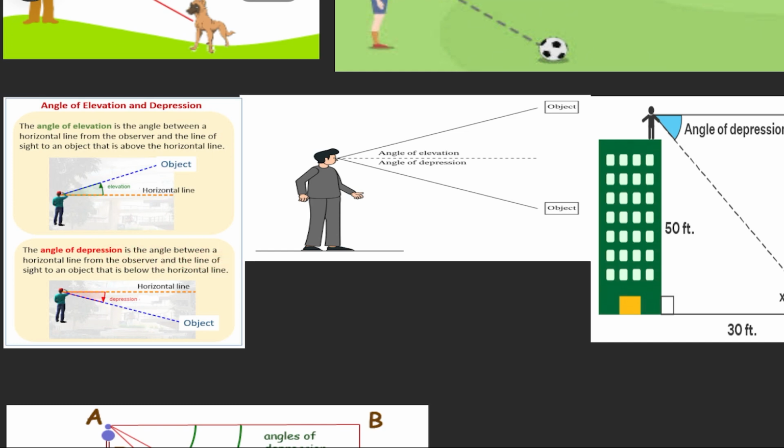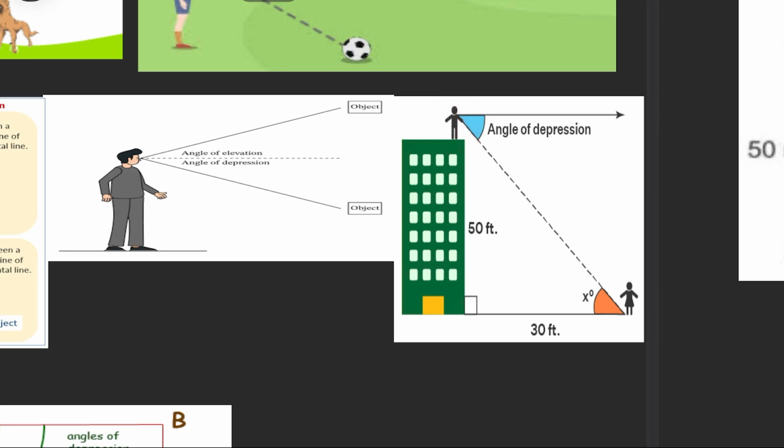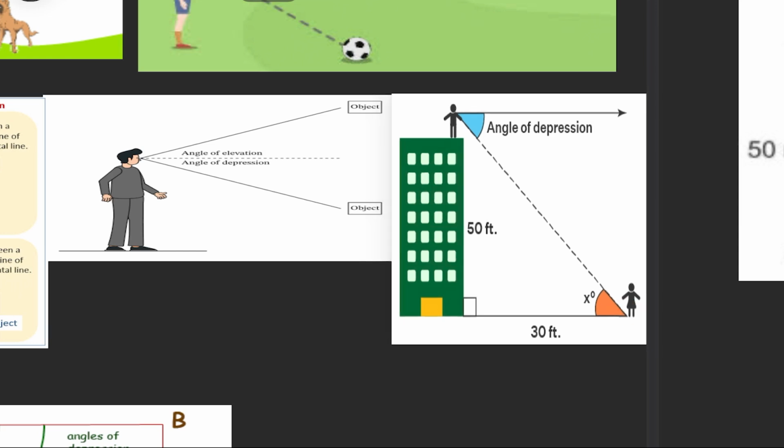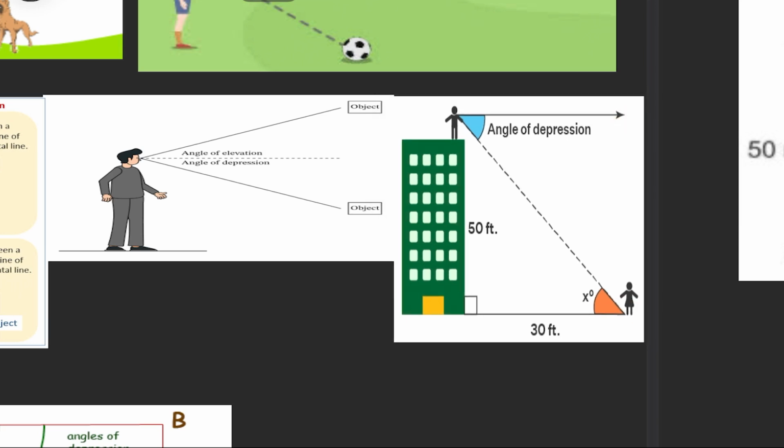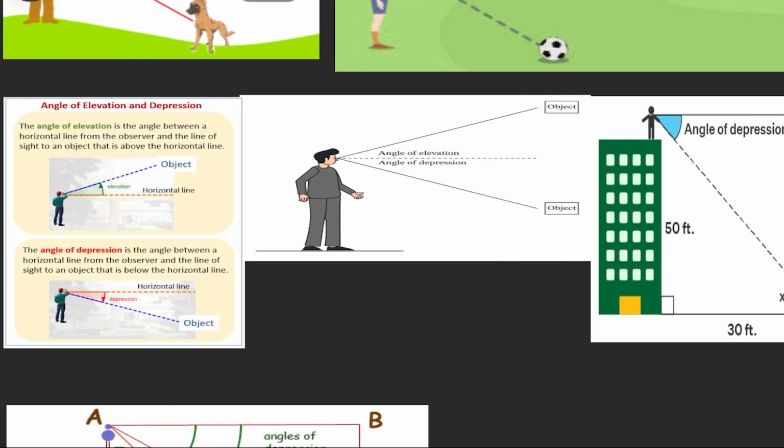Angle of depression is the angle between the horizontal line from the observer and the line of sight to the object that is below the horizontal line. That angle made with the horizontal line, we call it angle of depression. Now, a boy who wants to see the girl who is standing below this 50 feet tall building, we have a straight line, that is the horizontal line.